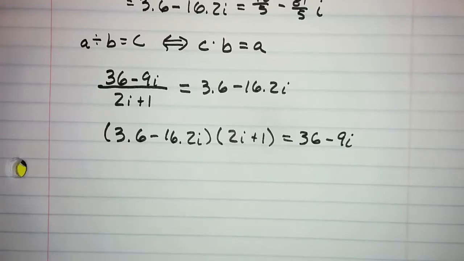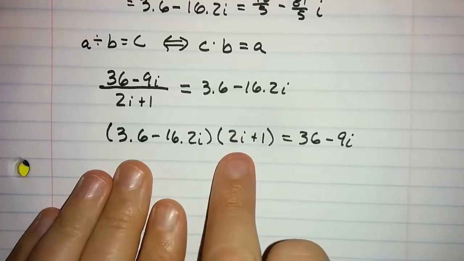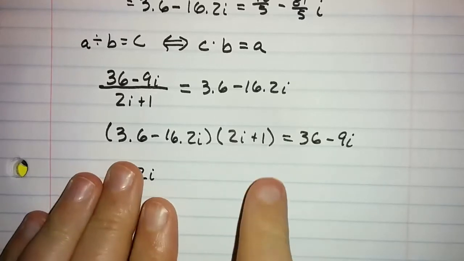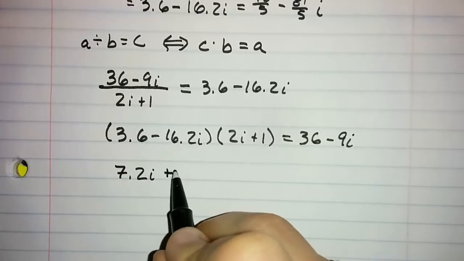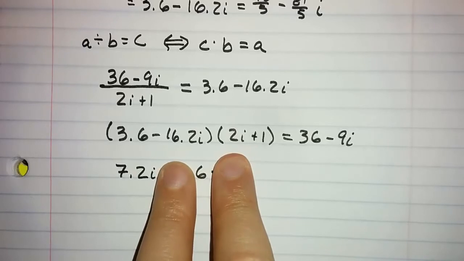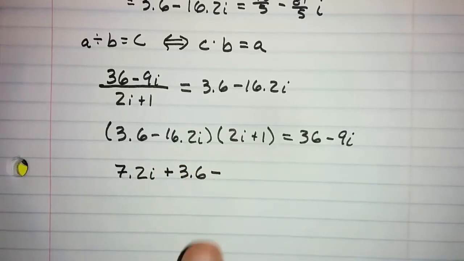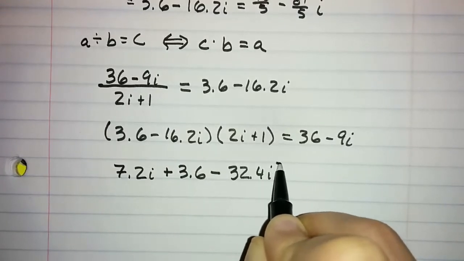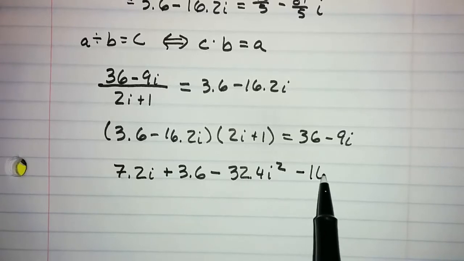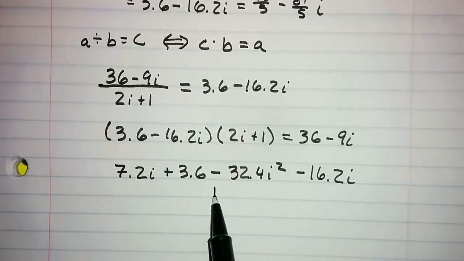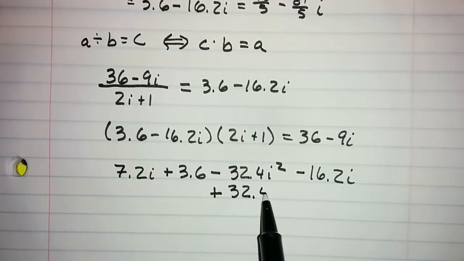I can work out that arithmetic by hand to confirm that my calculator isn't just messing with me. 3.6 times 2i, that's going to be 7.2i. 3.6 times 1, that's going to be 3.6, minus 16.2i times 2i, that'll be 32.4i squared, minus 16.2i. i squared is -1, so this is plus 32.4.